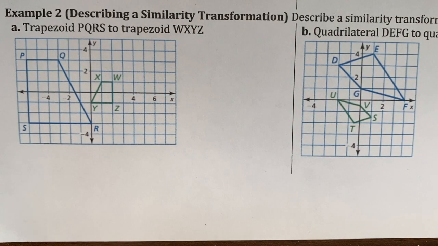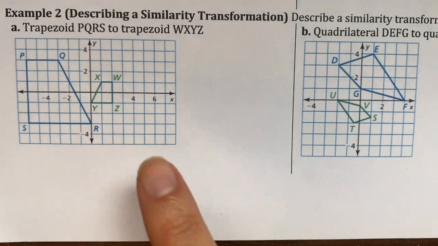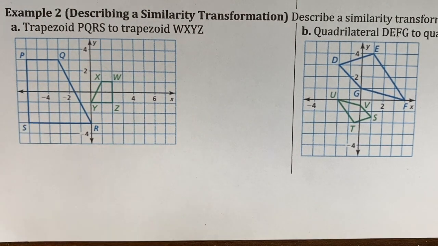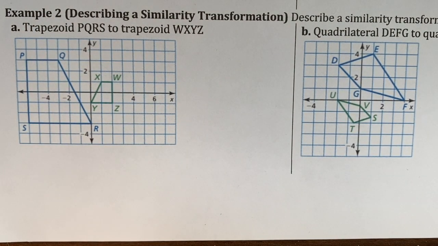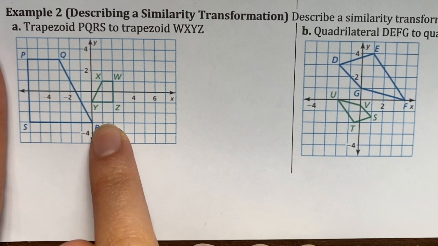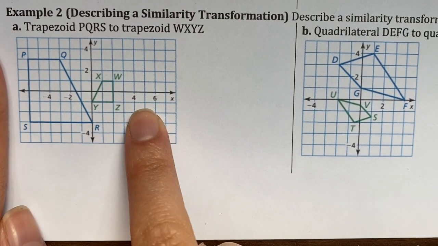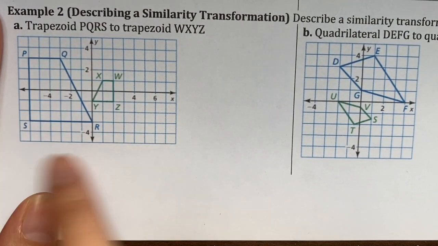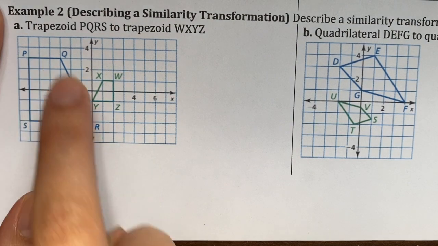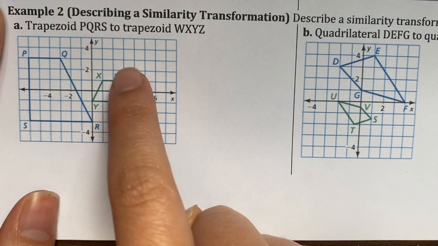All right, now for example 2, we will be given 2 polygons that are similar. And we will need to perform some transformations so that we can map the desired polygon onto the other. So for this first example, we want to map PQRS to WXYZ.